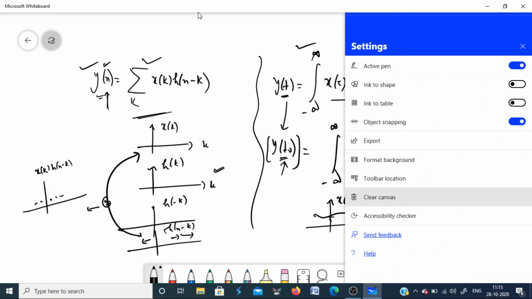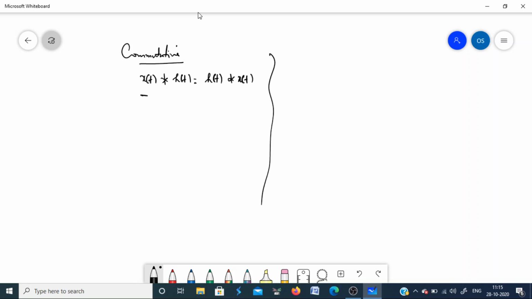Similarly, as in the convolution sum, we have discussed some properties. I will repeat those properties here. In fact, there was some confusion in the previous lecture. We have the commutative property. The commutative property says that x of t convolved with h of t is the same as h of t convolved with x of t.